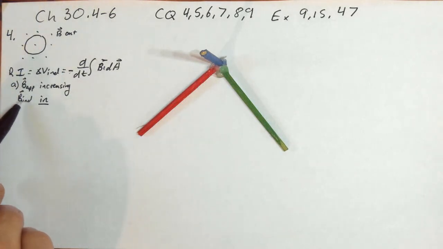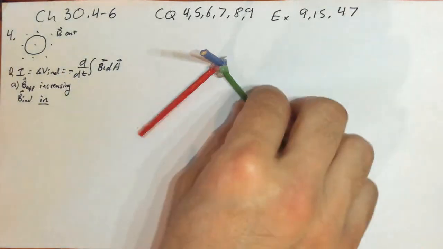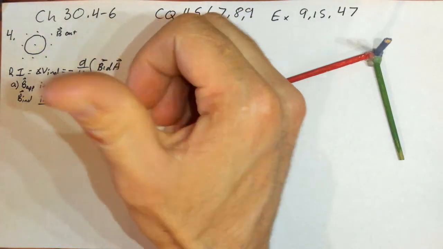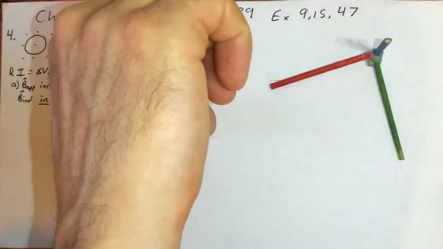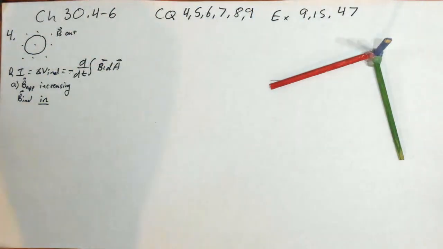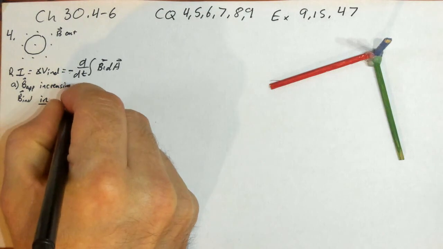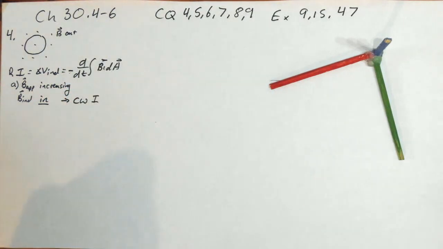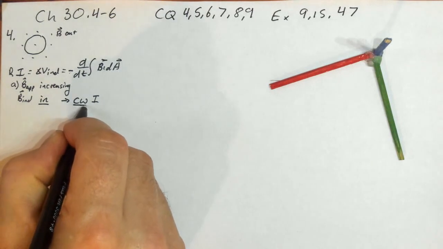To create that induced B field, there has to be an induced current that will flow, and here it's better to use our right-hand rule with the curvy thing. I want to create a B field that's pointing in, so my thumb points into the page, and my fingers curl in a clockwise motion. So this leads to a clockwise current. Okay, clockwise current.